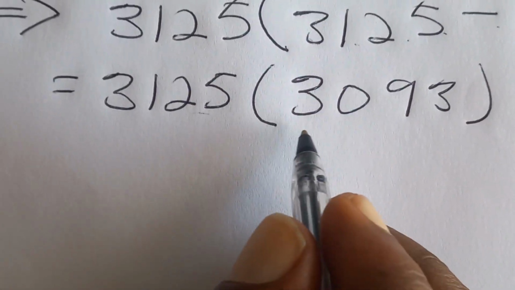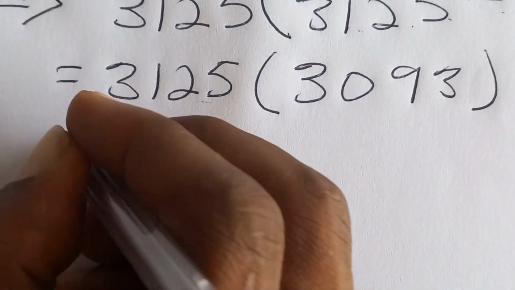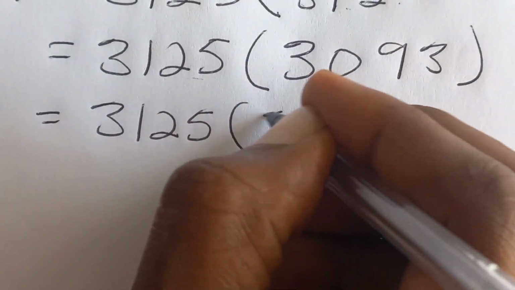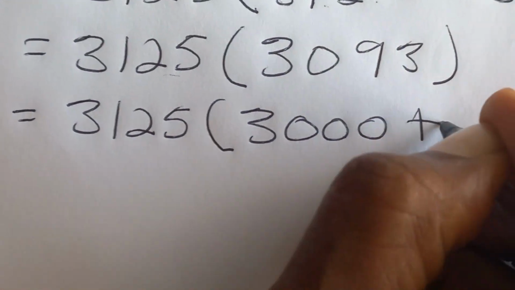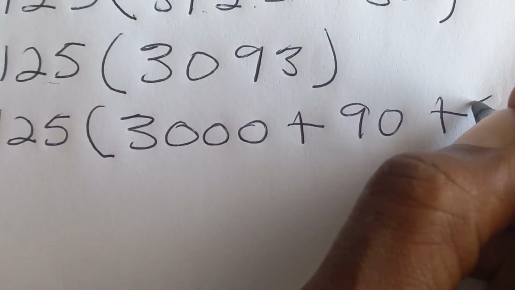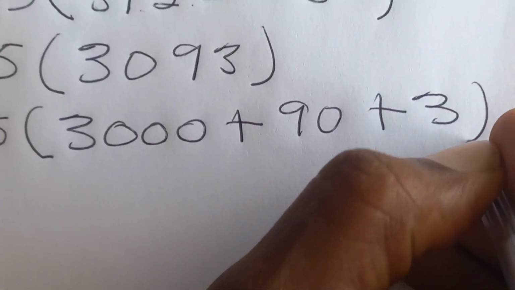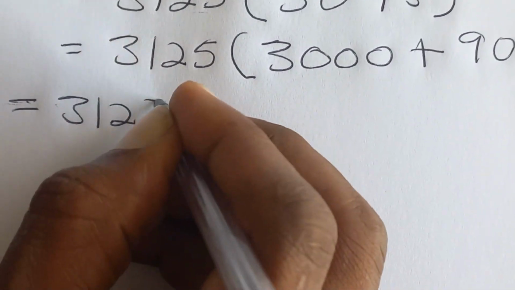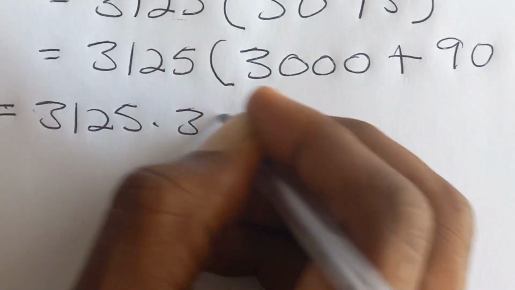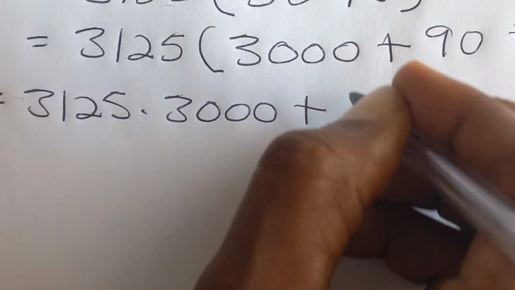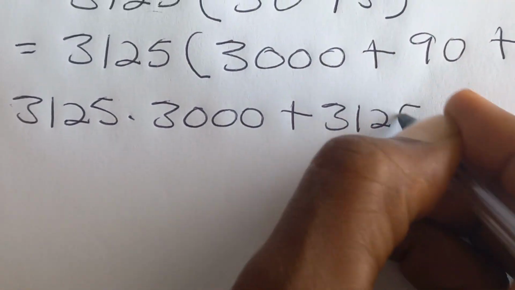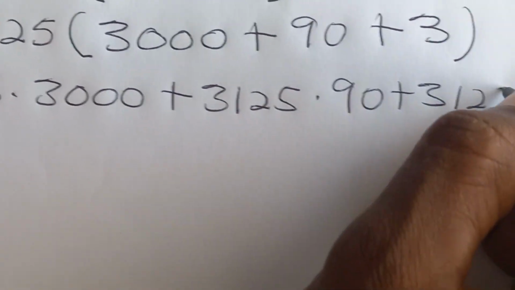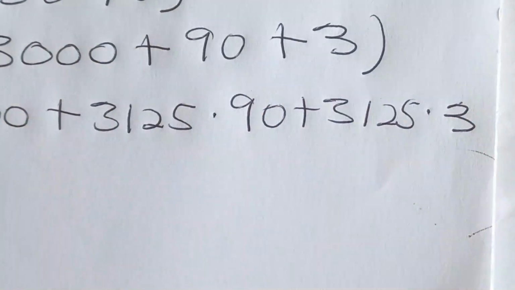Now, these are very huge figures to multiply without using a calculator, so let us break down the one in the bracket first. That is 3125 into bracket 3000 plus 90 plus 3, which is 3125 multiplied by 3000, plus 3125 multiplied by 90, plus 3125 multiplied by 3.